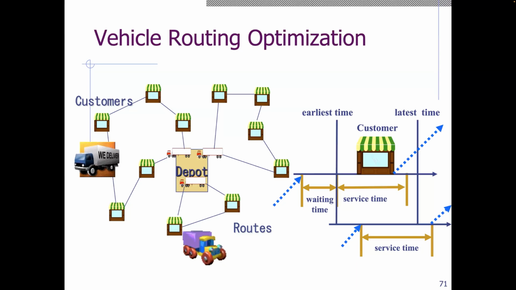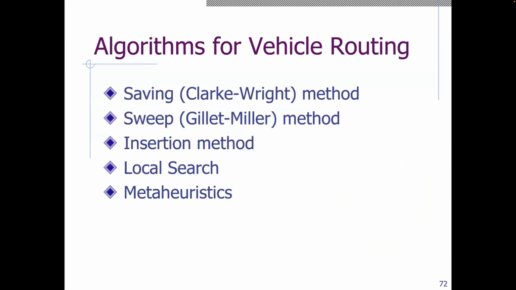As in the scheduling problem, many algorithms have been proposed for the vehicle routing problem. The classical approaches are the saving method by Clarke and Wright, the sweep method by Gillett and Miller, insertion methods, and local search. Recently many metaheuristic algorithms are used for solving difficult real problems.